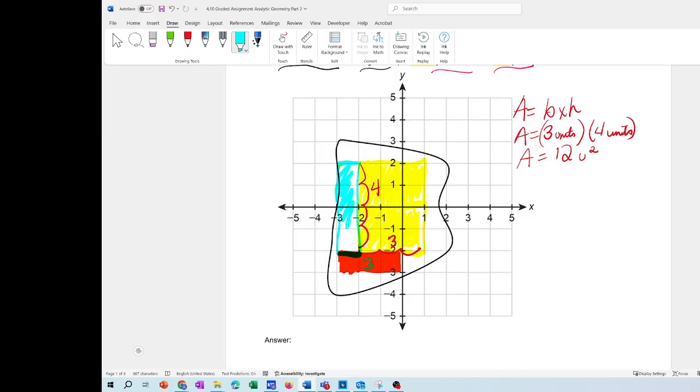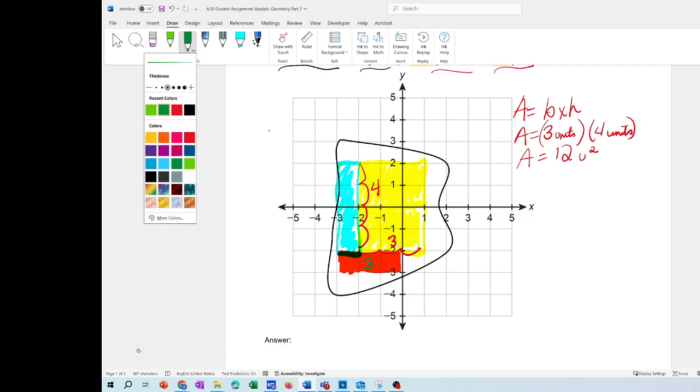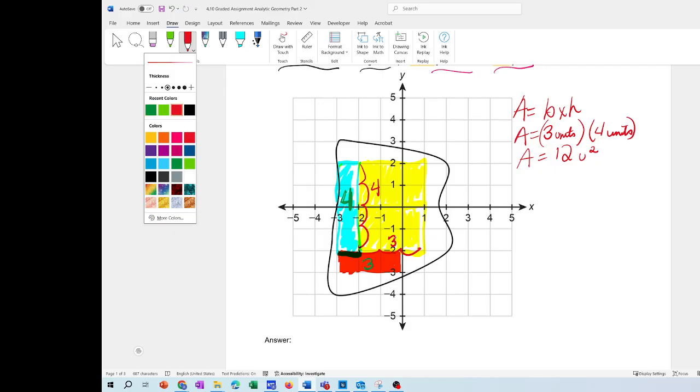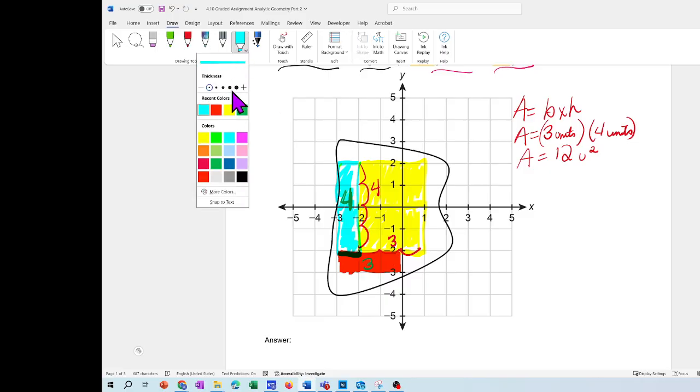Here's another one. The only thing you're going to do is count. How many do I have? 1, 2, 3, 4. So I'm going to write here 4 units, right? And then you're going to complete the rest. So maybe I can have another one here, and then you're going to add them all.